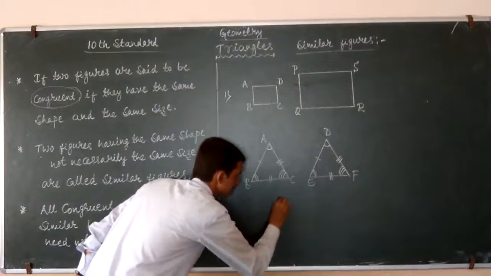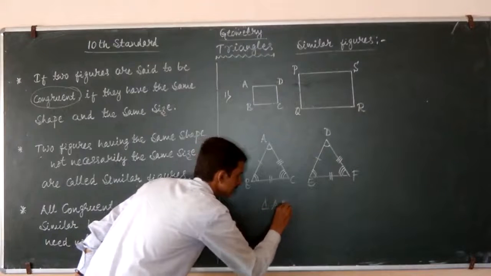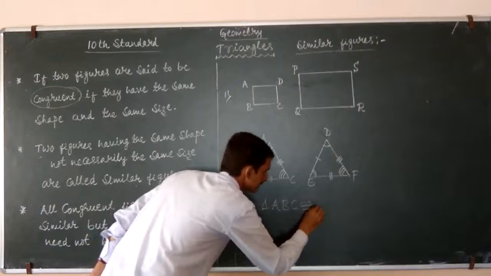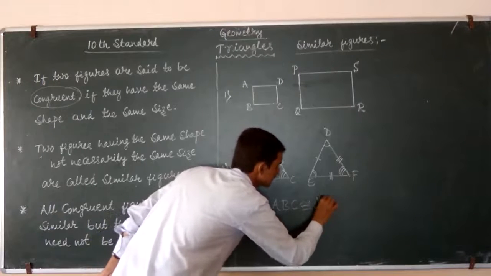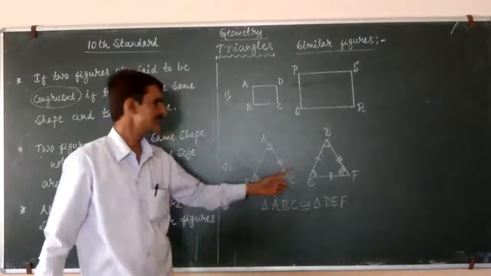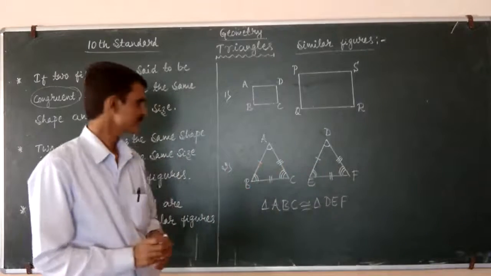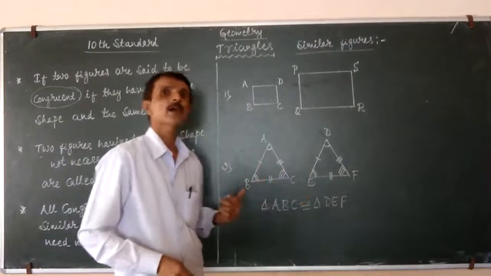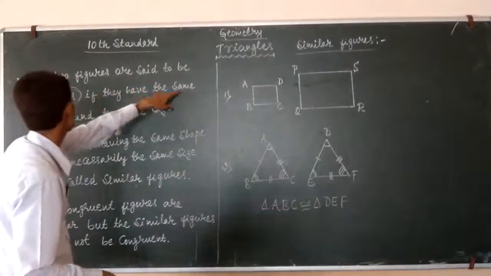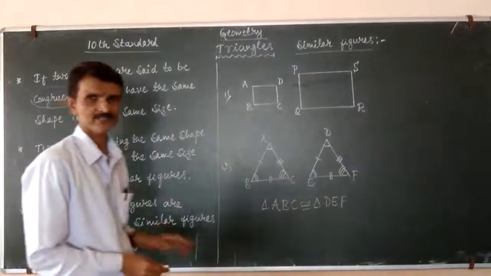So, triangle ABC is congruent to triangle DEF. According to the definition, they have the same shape and the same size.